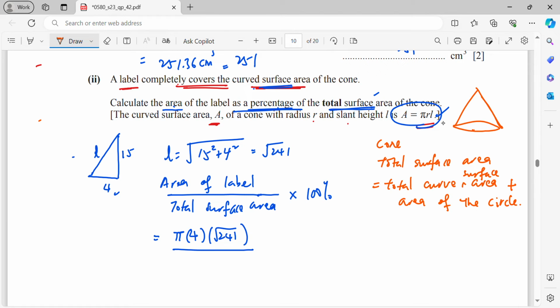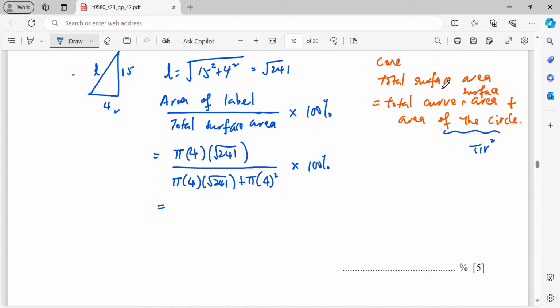Okay, so from here, I will just copy the numerator. Then you plus area of circle is basically pi r squared. So pi, your r is still 4. So pi r squared, then you times 100%. Then from here, I can just cancel off the pi, okay, from numerator and denominator, and also cancel off the 4.